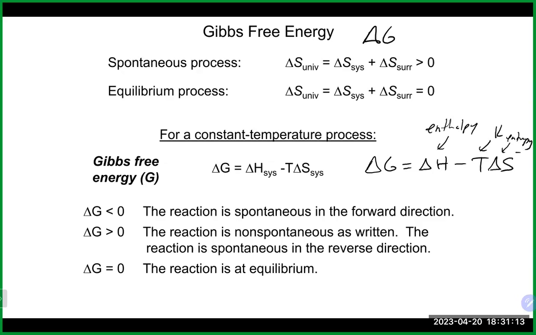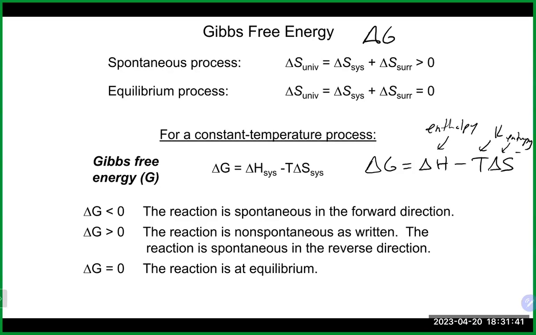One nice thing about delta G is you can use it to determine whether or not a reaction will be spontaneous by calculating the delta G of that reaction. If you calculate the delta G and it is a negative number, then that reaction is spontaneous in the forward direction. If you calculate delta G and it's a positive number, it means the reaction is non-spontaneous the way it is written.